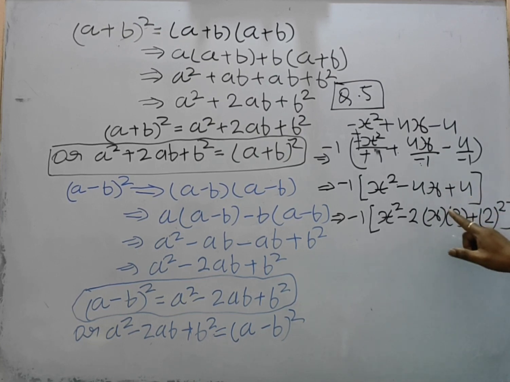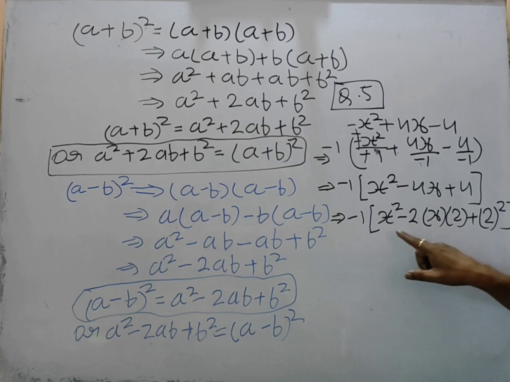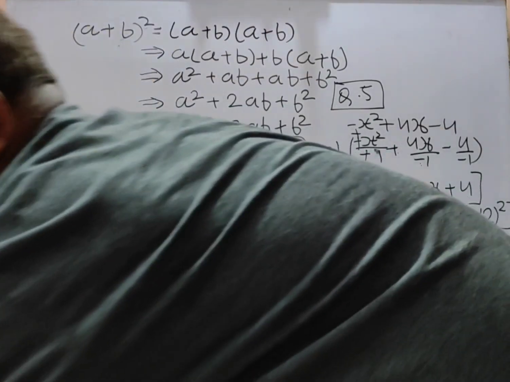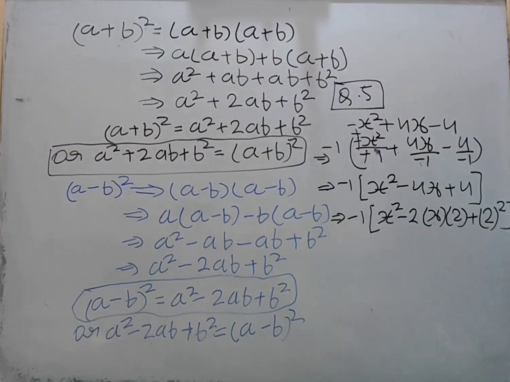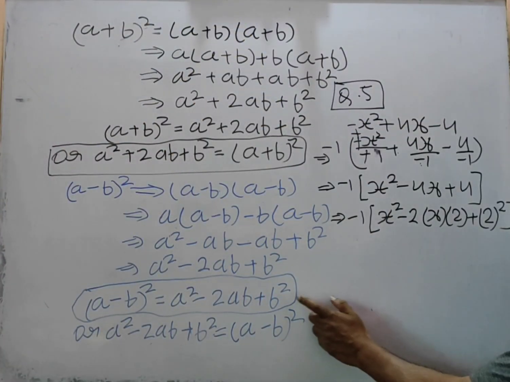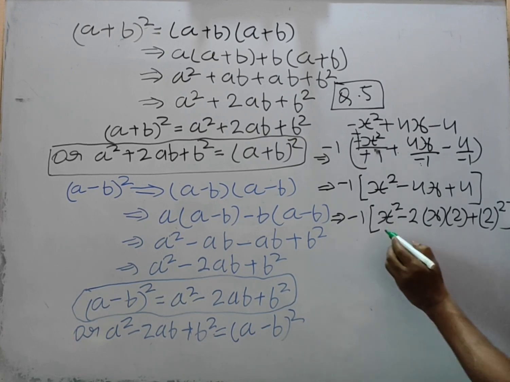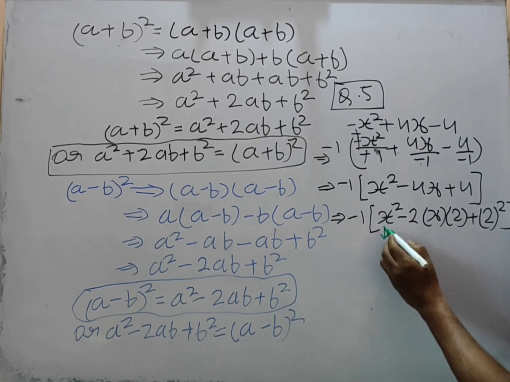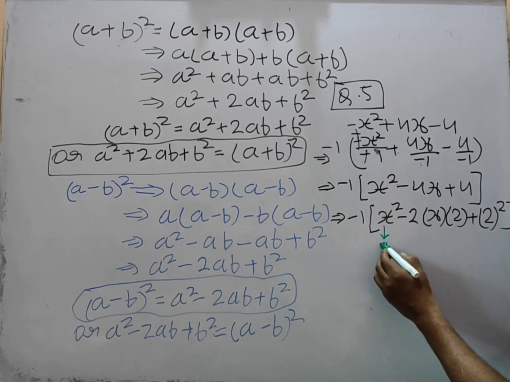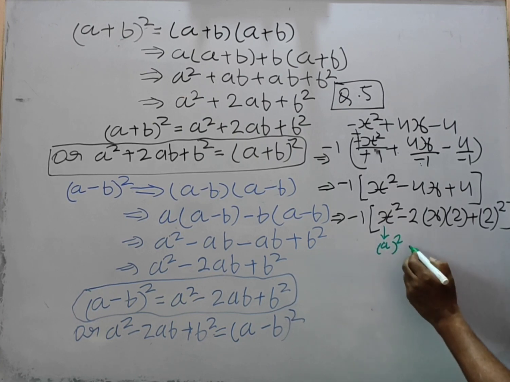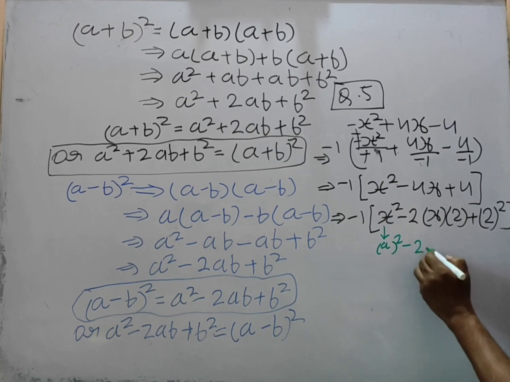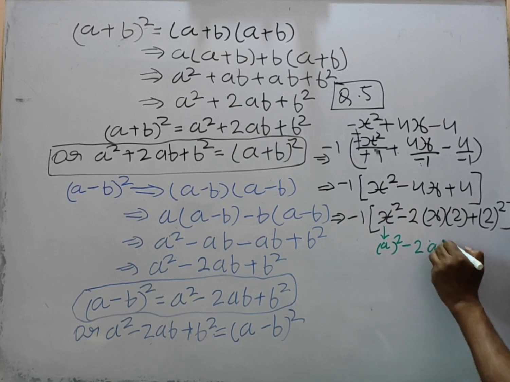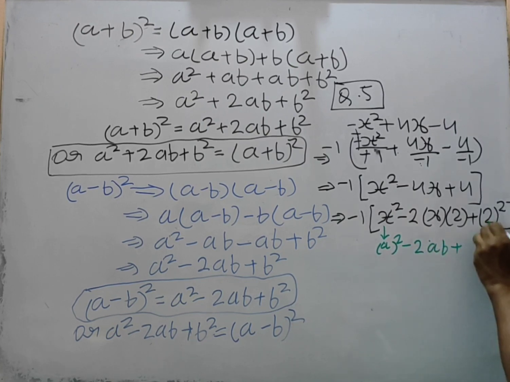And here we take 2. Now we use this identity. So this x belongs to a whole square and minus 2ab plus 2 square belongs to b square.